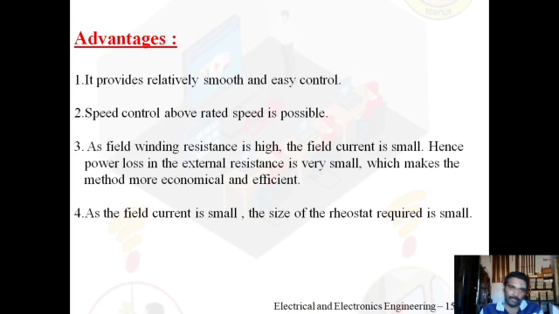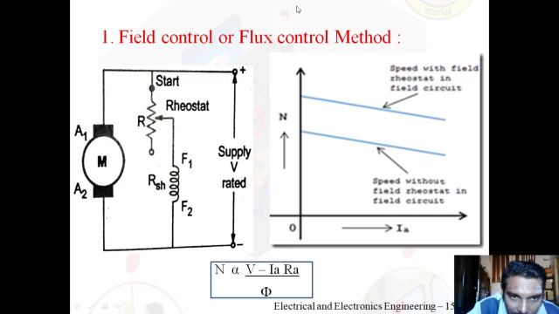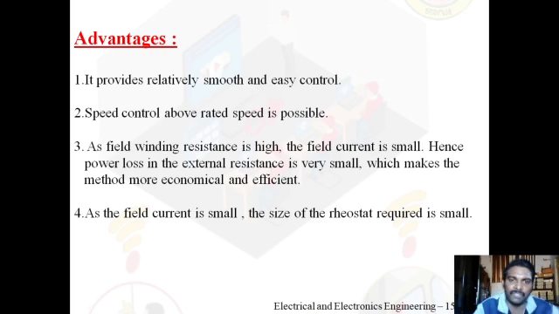The third point, as field winding resistance is high, that means Rsh, the resistance of the shunt field winding, is high, the field current is small.